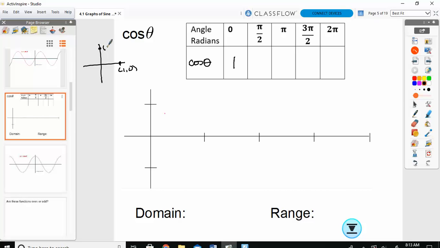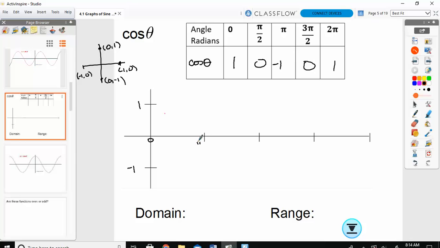At pi over 2, 0. At pi. At 3 pi over 2. And 2 pi is back to 0 where we had 1.